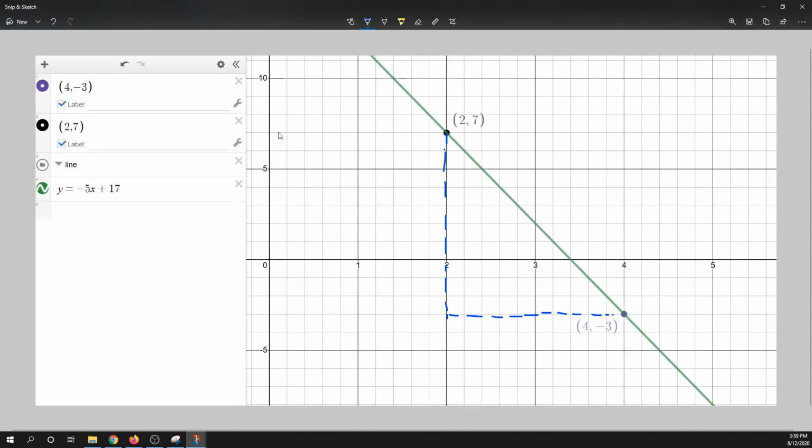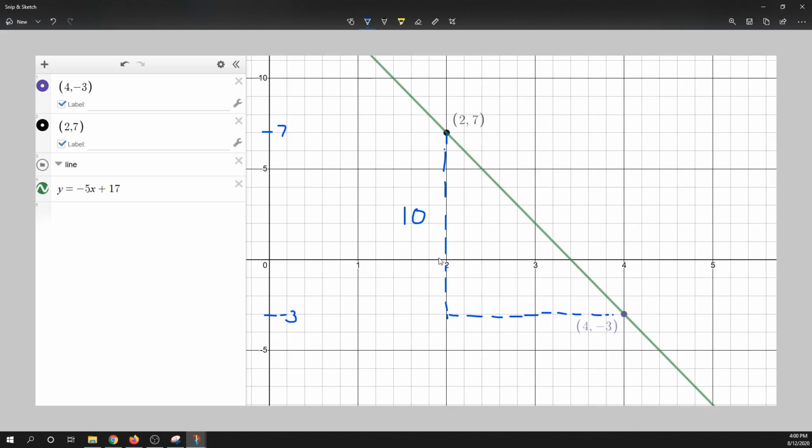So 7, right, was this point right here, 7. And negative 3 was right here. So we did 7 minus a negative 3. And really what we were calculating there was how far is it from negative 3 to 7. It was 1, 2, 3, 4, 5, 6, 7, 8, 9, 10. So the length of this side was 10.